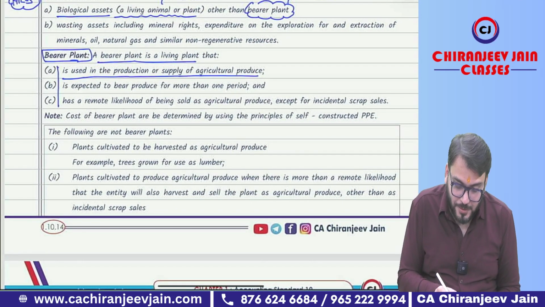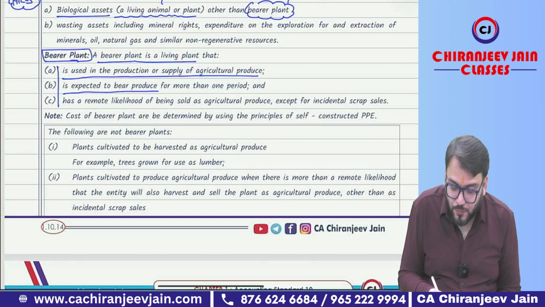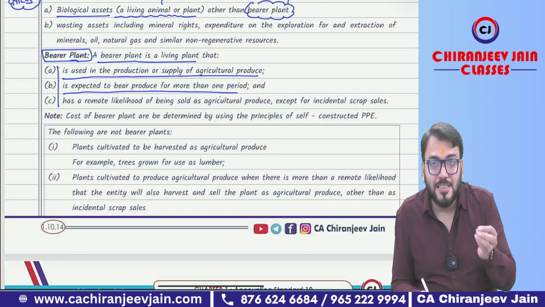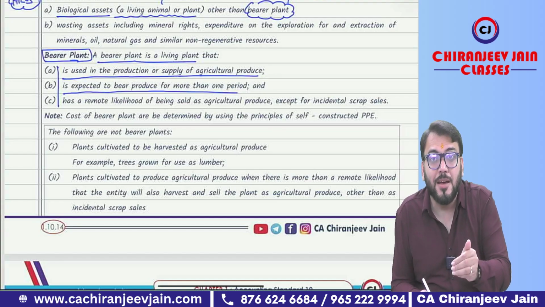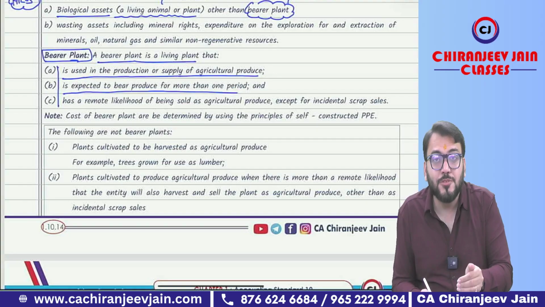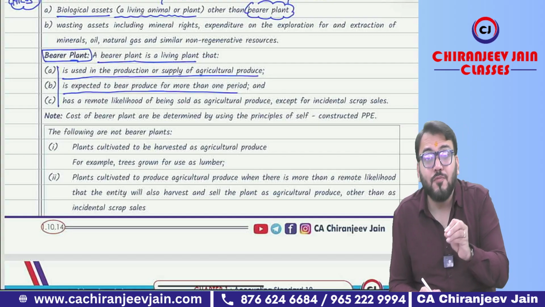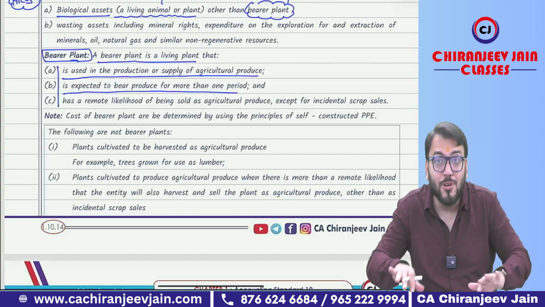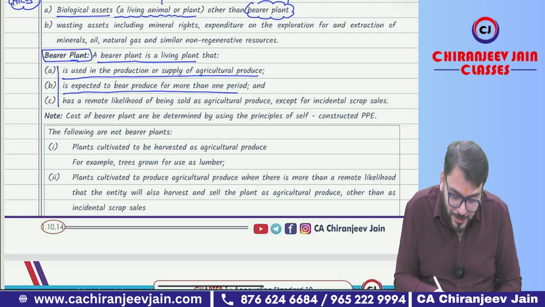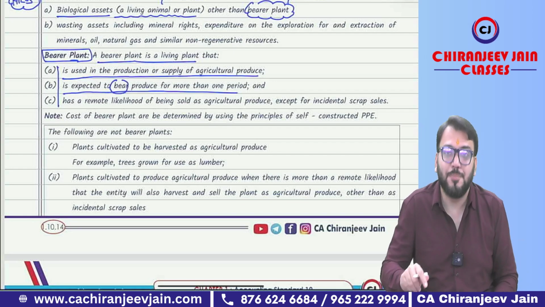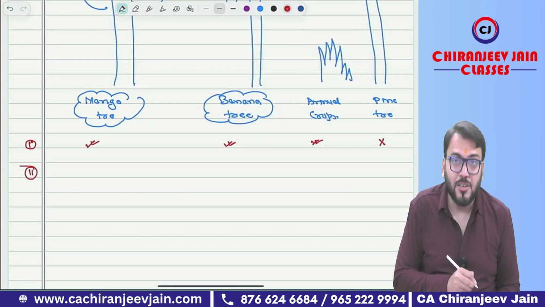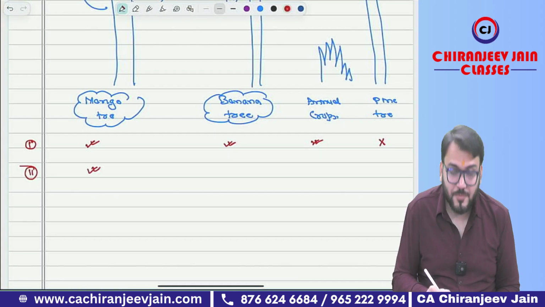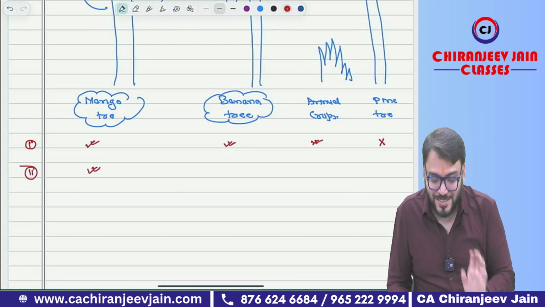Then second, it is expected to bear produce for more than one period. Means whatever living plant is expected to produce for more than 1 year. In condition number 2, can you see mango will produce for more than 1 year.